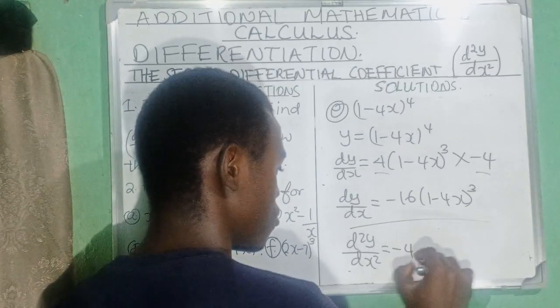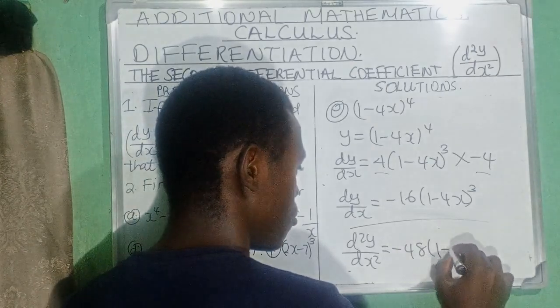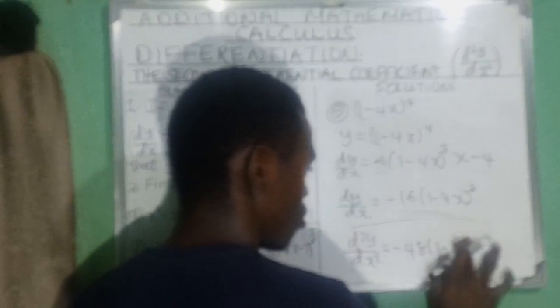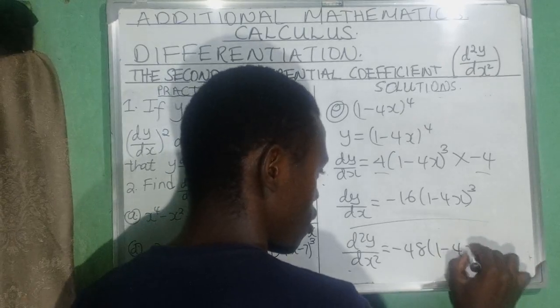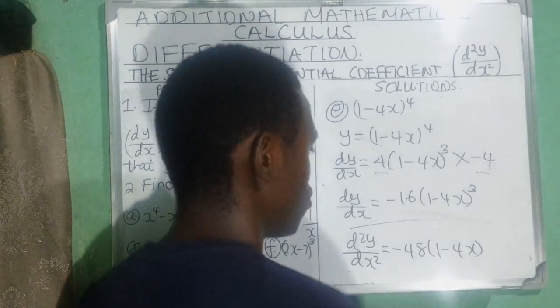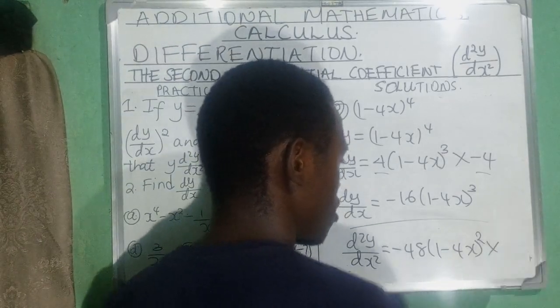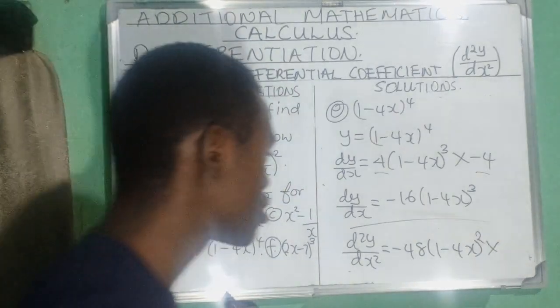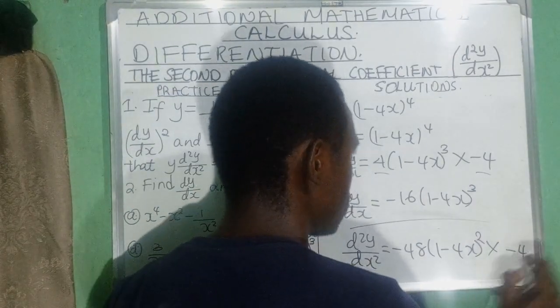You're going to have negative 48 multiplied by the core. You're seeing that? So this is 1 minus 4x raised to the power 3 minus 1, which is power 2, multiplied by the derivative of the core. In this particular case it is a negative 4.